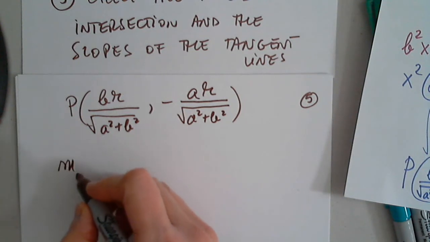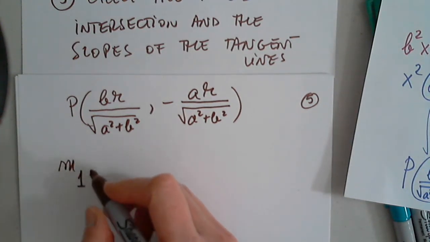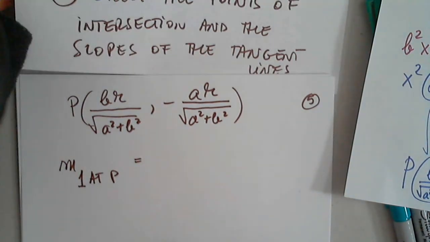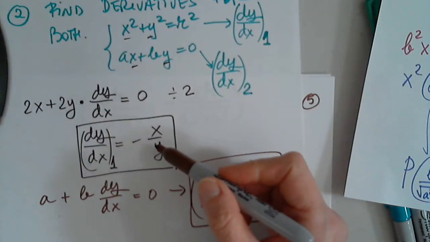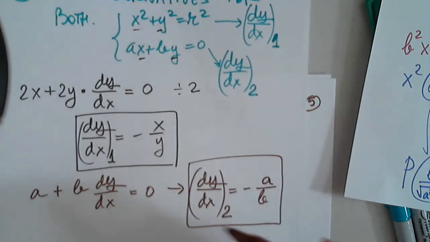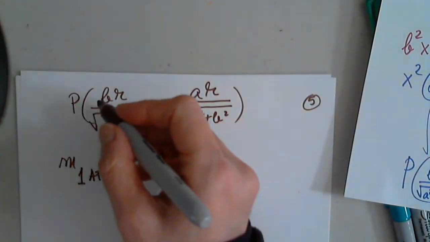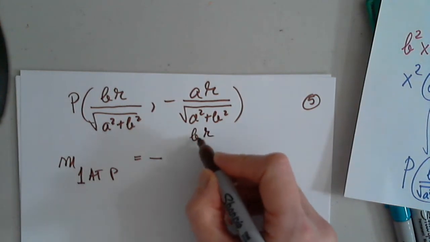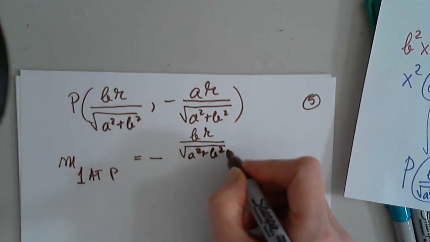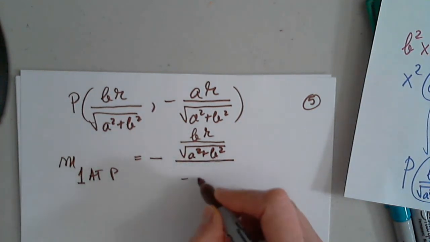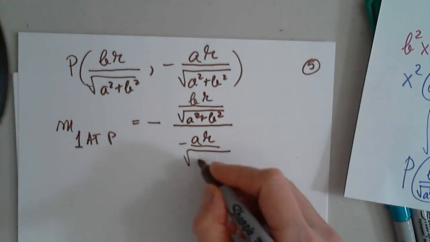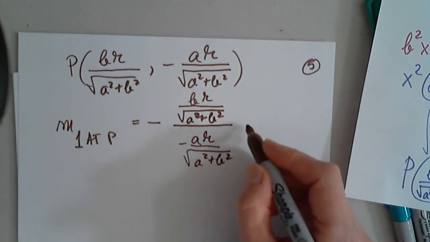The slope 1 at P is negative the x of P over the y of P. So negative BR over the square root of A squared plus B squared, over negative AR over the square root of A squared plus B squared.